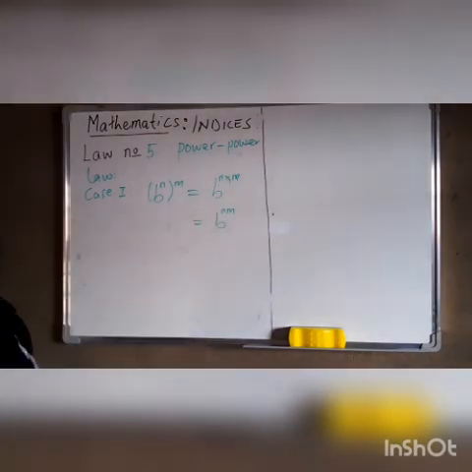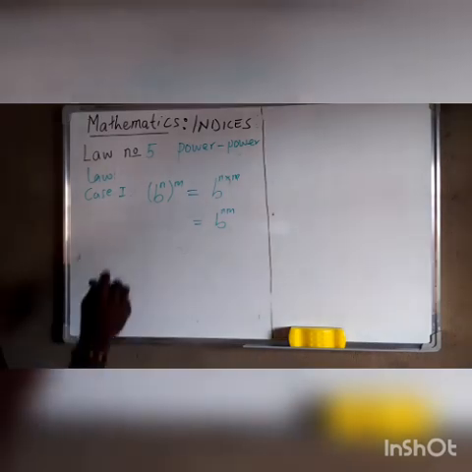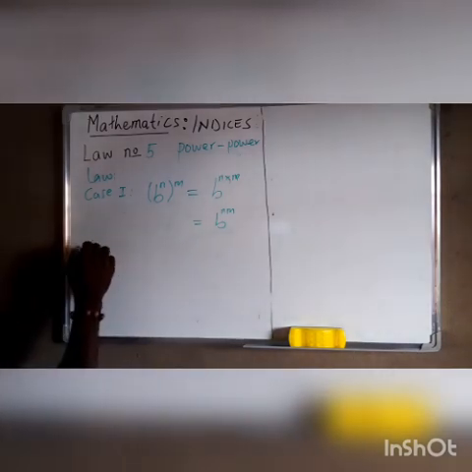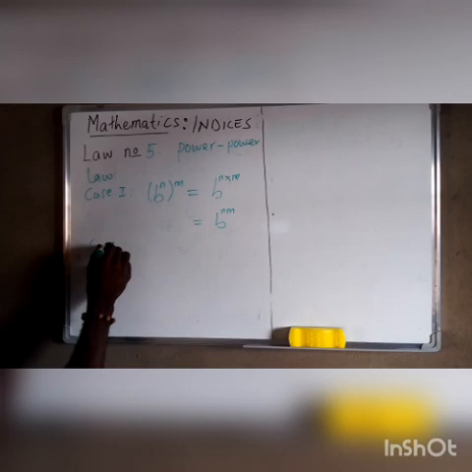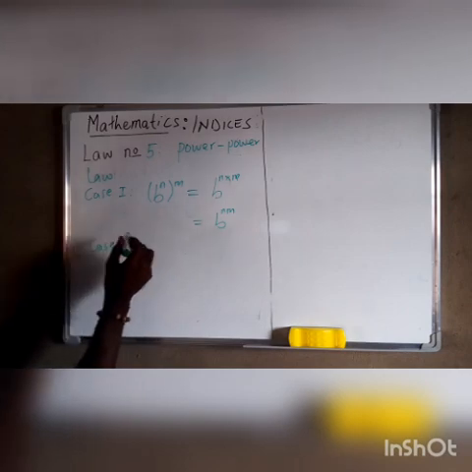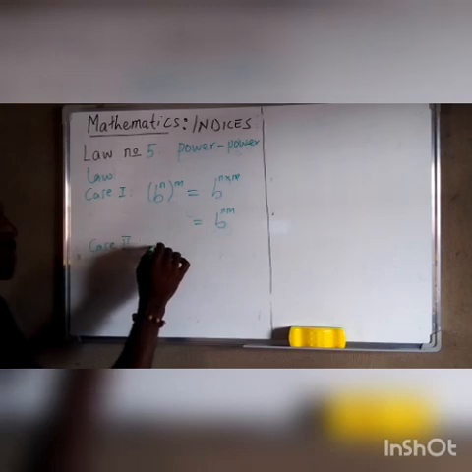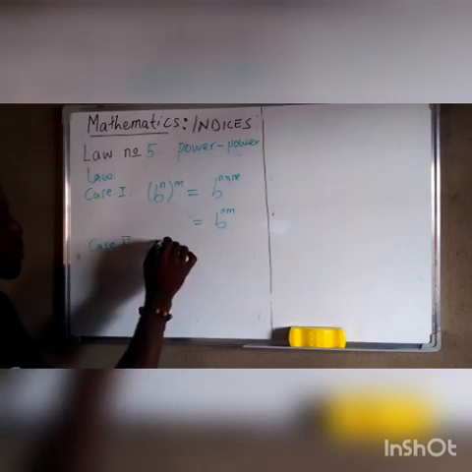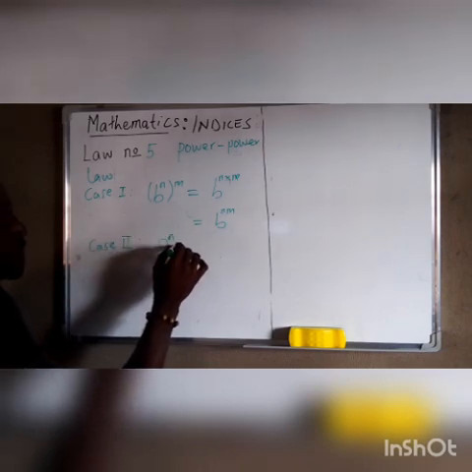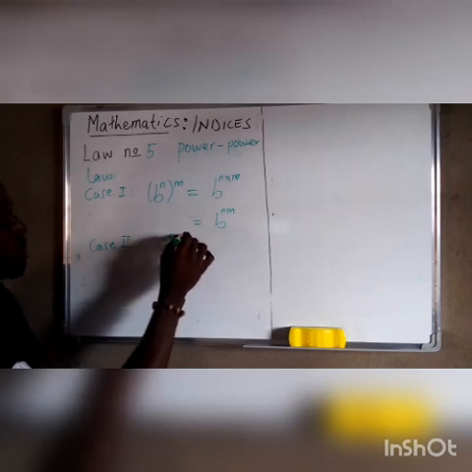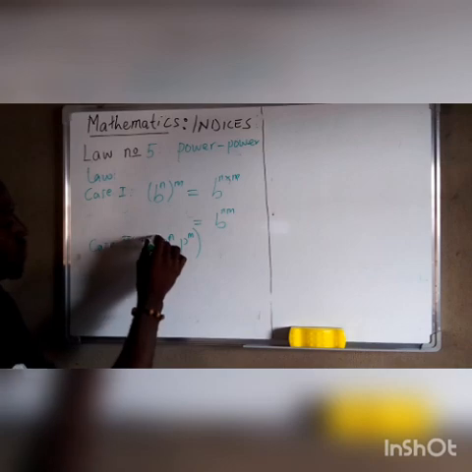Then the second case of our power law, an illustration here. If I have a raised to the power of n and then p raised to the power of m, and the whole of this is raised to power q.